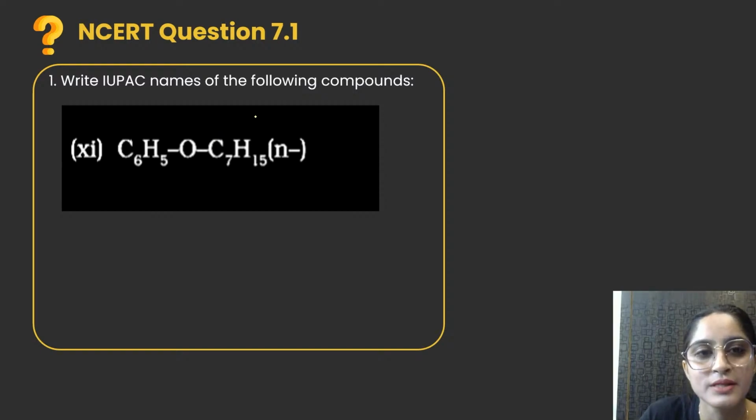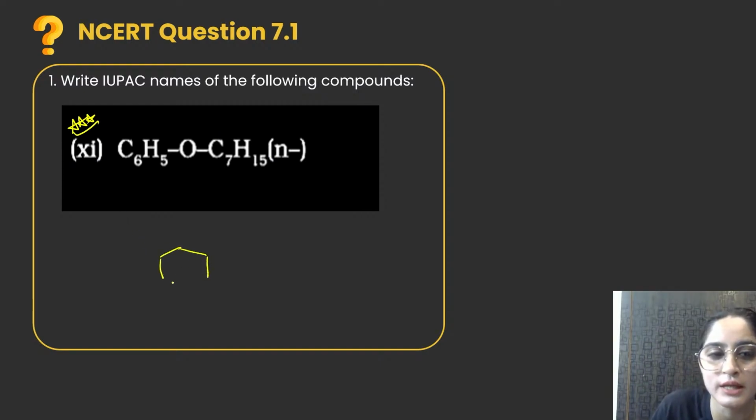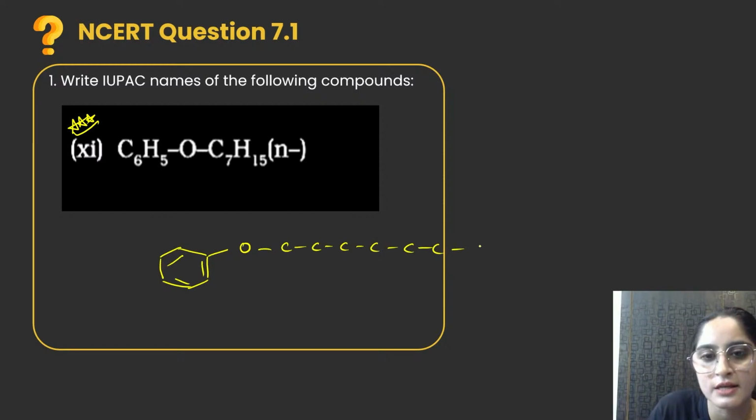Acha, write the IUPAC names of the following compounds. Now this is a very important question. Why? Because here students get confused, ma'am, which one to select, right? Now you have this thing, O, 1, 2, 3, 4, 5, 6, 7.